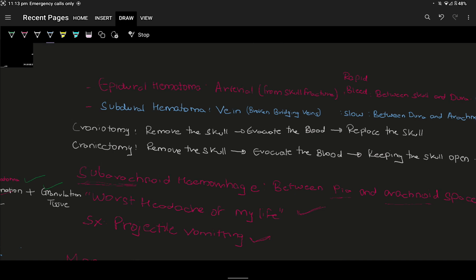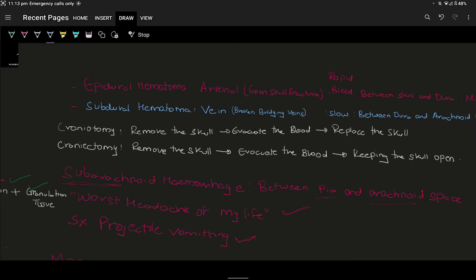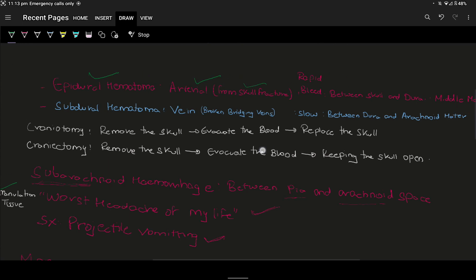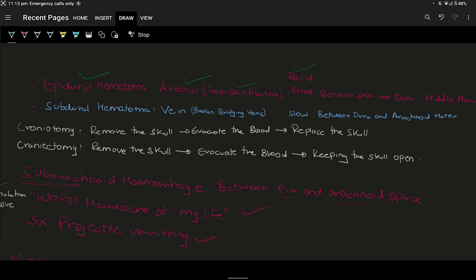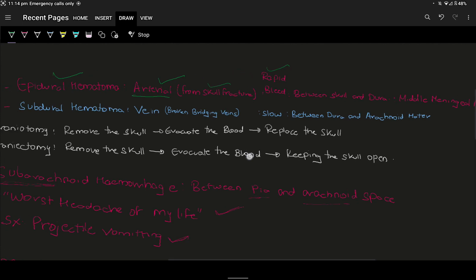Few other types of hematoma are epidural hematoma, in which we have arterial involvement from the skull fracture. There is rapid bleeding. It is usually due to the arterial supply of the blood, which has the fast flow of blood, and that causes rapid bleeding within the skull and the dura.